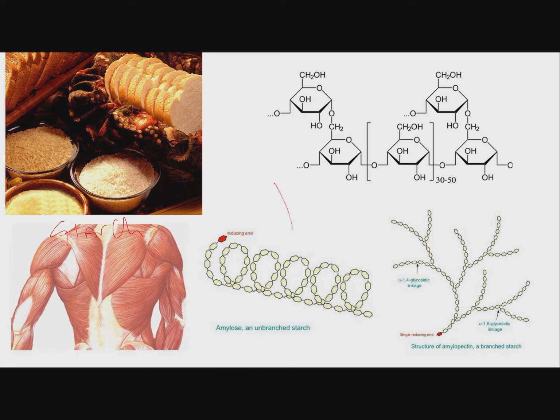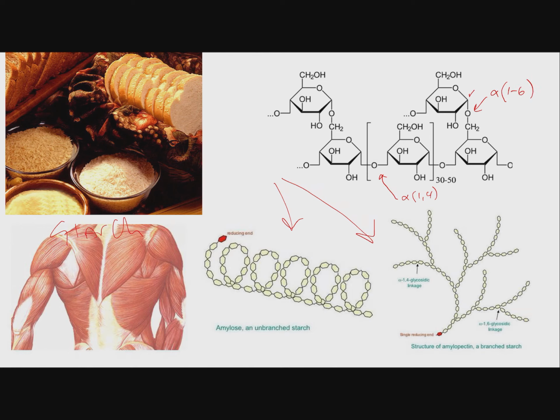Amylose is an unbranched chain, where amylopectin is a branched chain. Amylopectin contains an additional type of linkage. So amylopectin is shown up top in the structure. You can see amylose would just be alpha 1,4 linkages between all of the glucoses. Amylopectin is branched, and so we have an additional alpha 1,6 linkage.